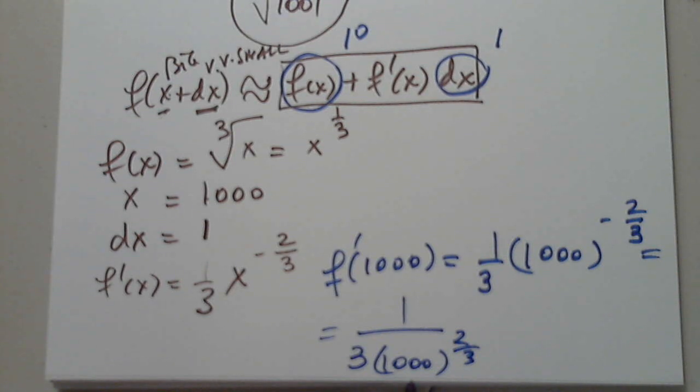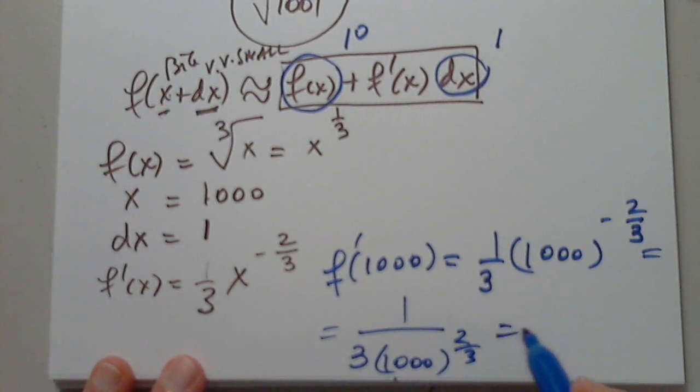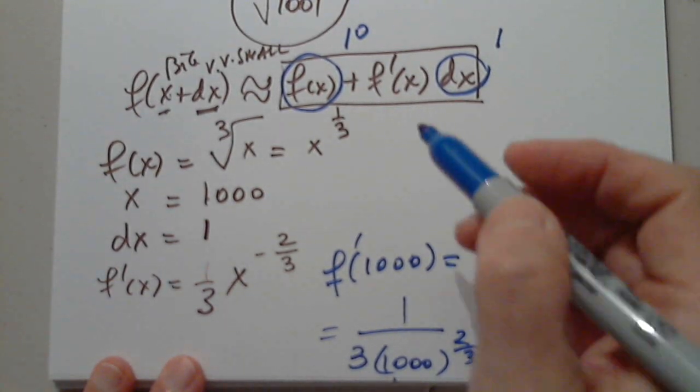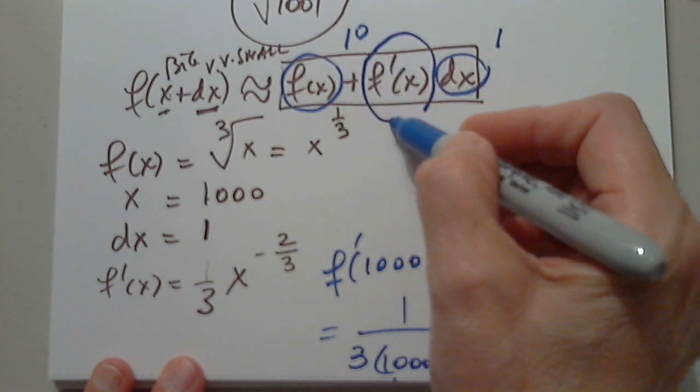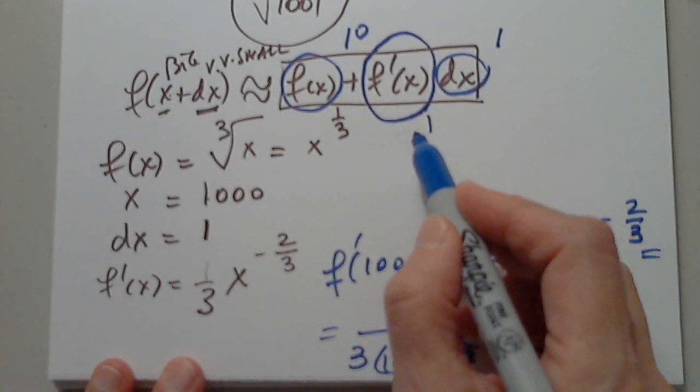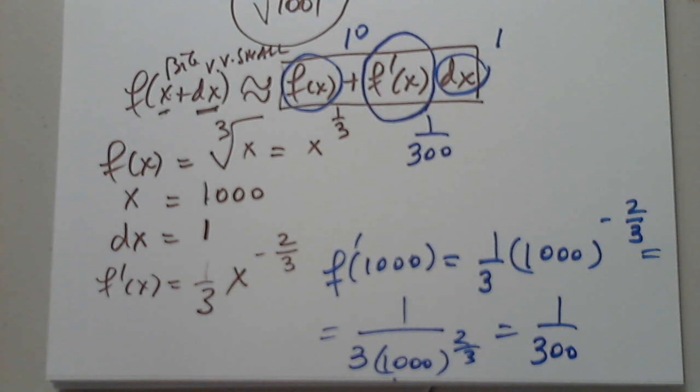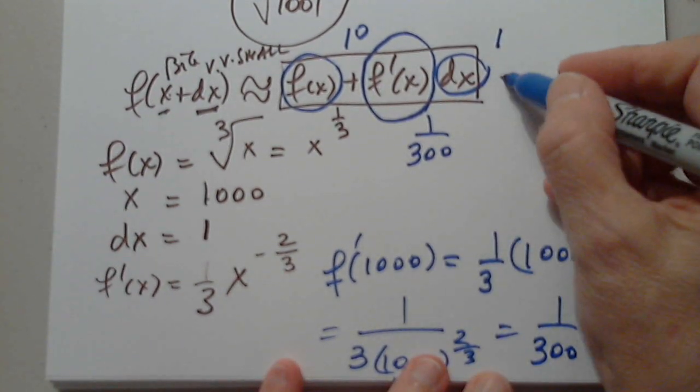So first I apply the cube root and I get 10. And 10 squared is 100. 100 times 3 is 300. So this piece is 1 over 300. So I determined everything.